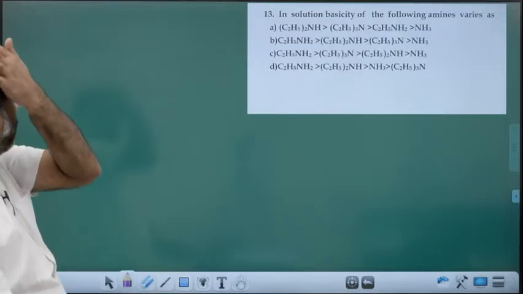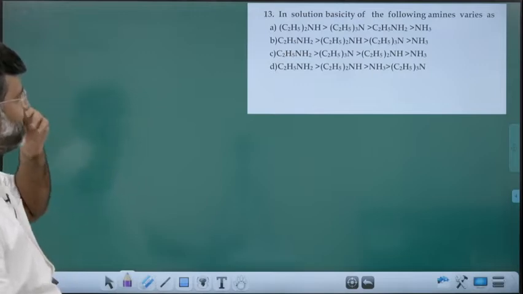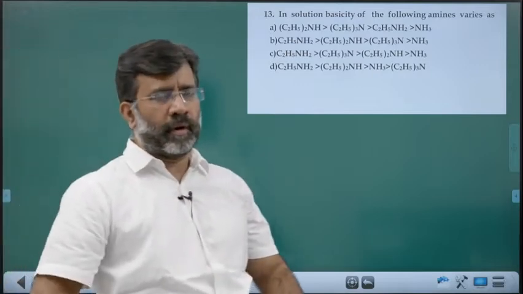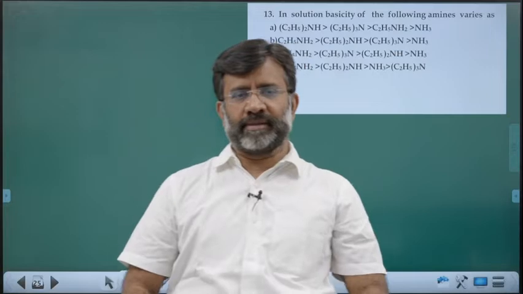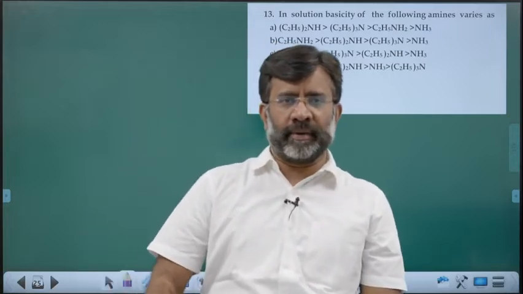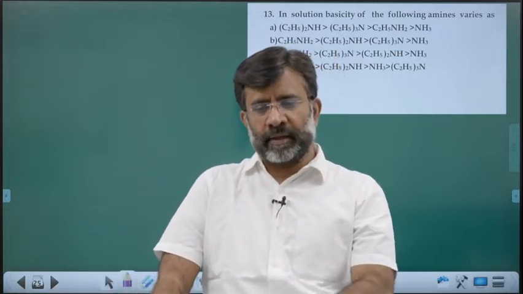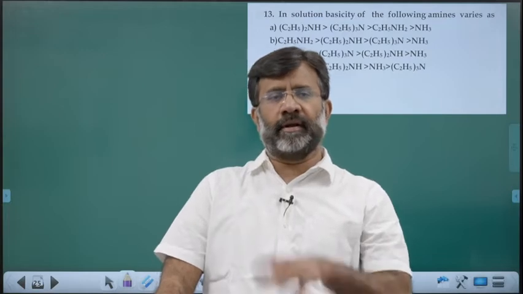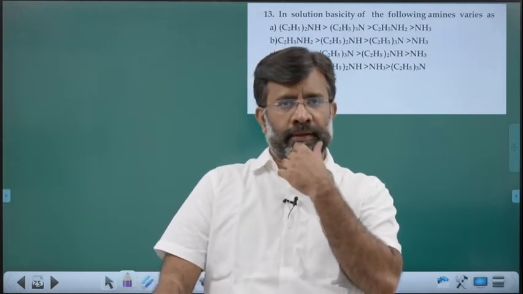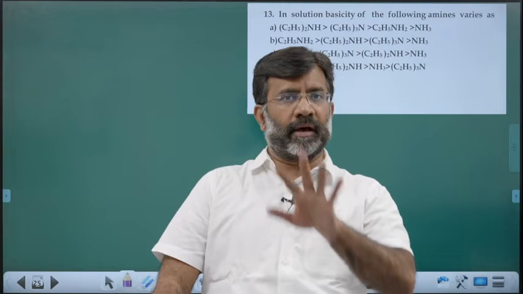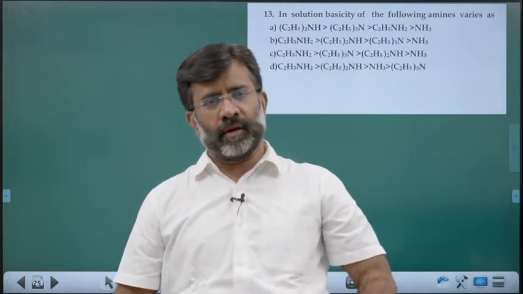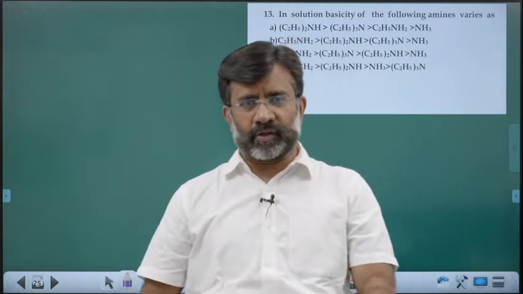Basicity order. See, basicity order for ethylamines. Methylamine, ethylamine, different amines have different orders. The order for methylamines and ethylamines is not the same. It depends on the primary, secondary, tertiary nature.